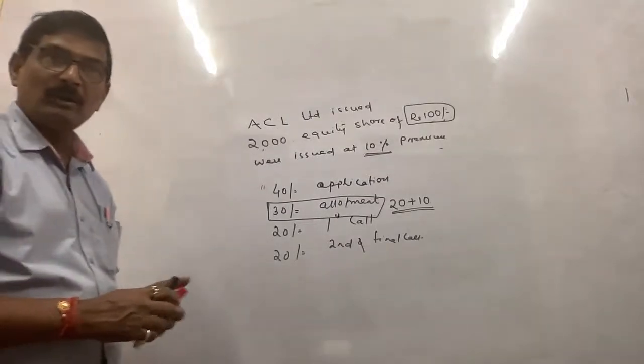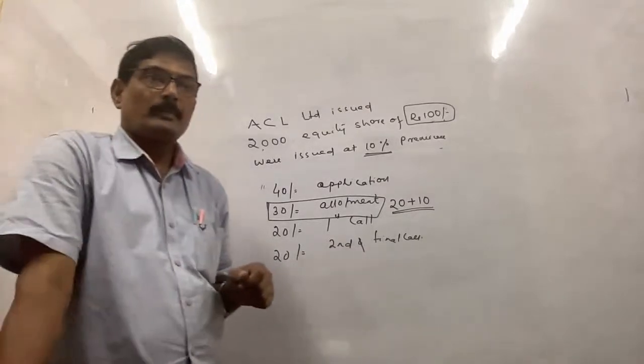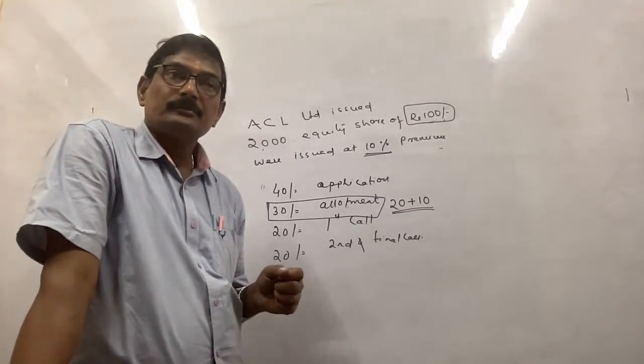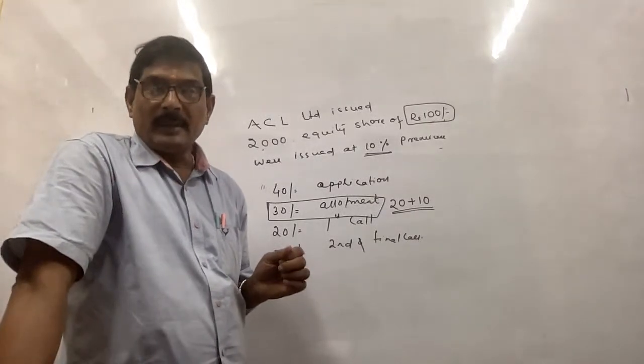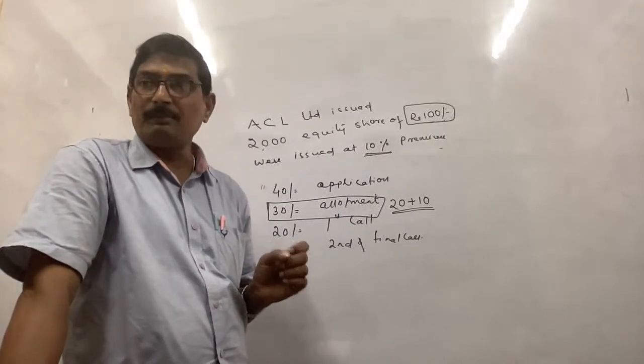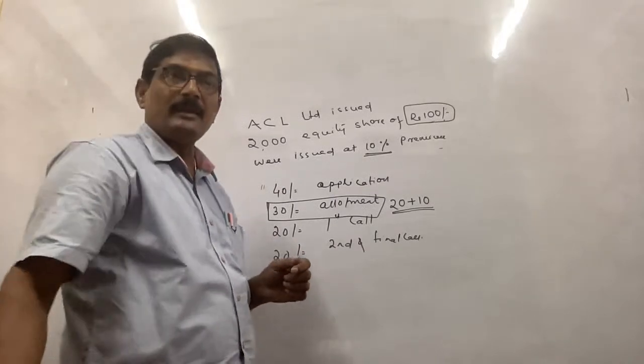And for second and final call money received, the entry will be bank account debited to share second and final call account.